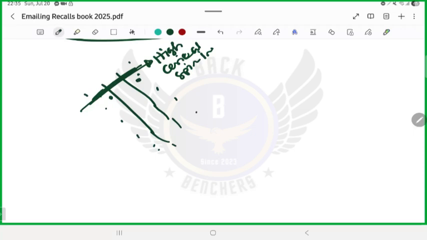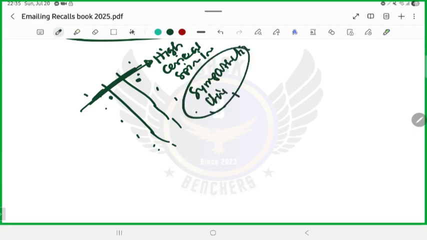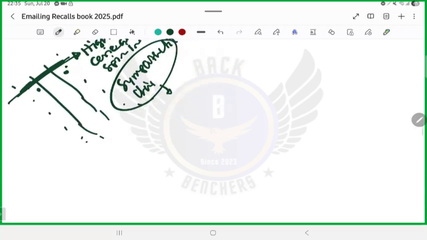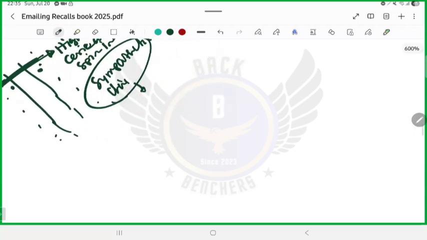What happens when we have a high spinal injury? This sympathetic chain breaks. To make it simple and easy, due to the sympathetic chain break, we lose our sympathetic activity.